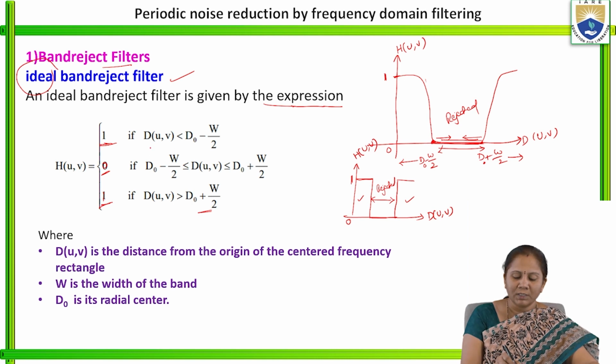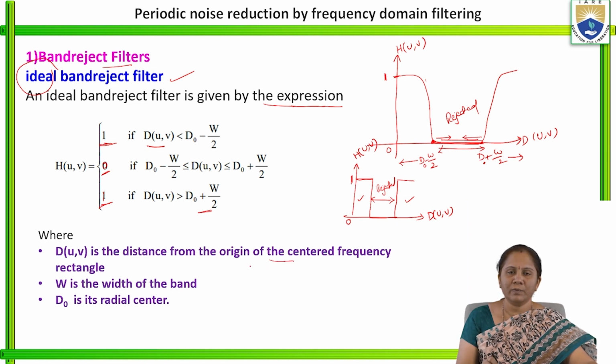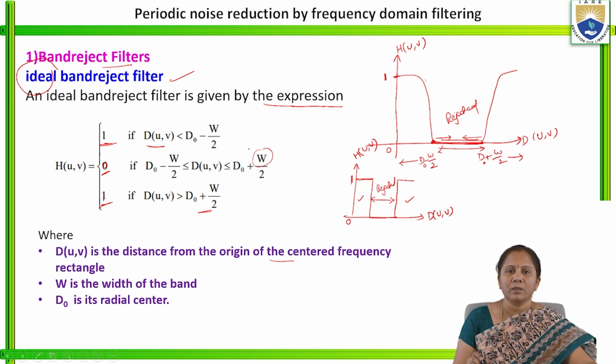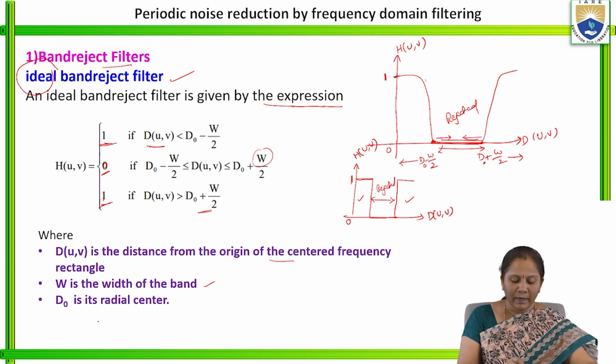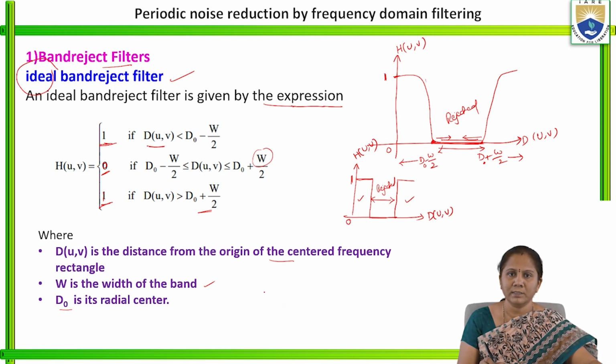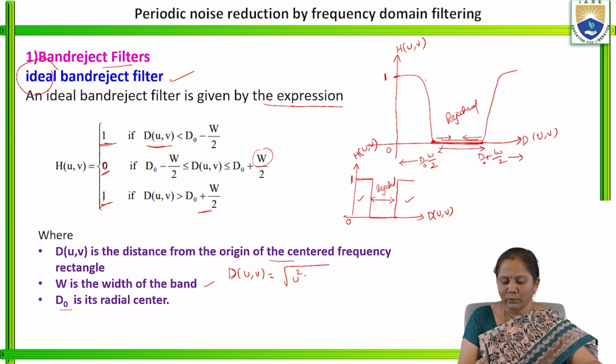What is this D of u comma v? It is the distance from the origin at the centered frequency of the rectangle. Here W represents the width of the frequency band, and D naught is the radial center of the circle. D of u comma v can be calculated as the square root of u square plus v square.